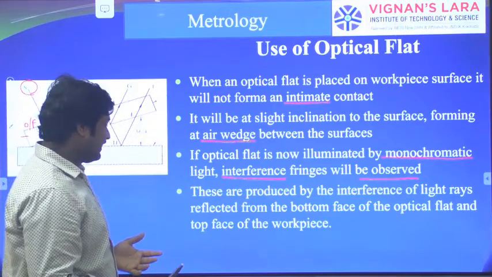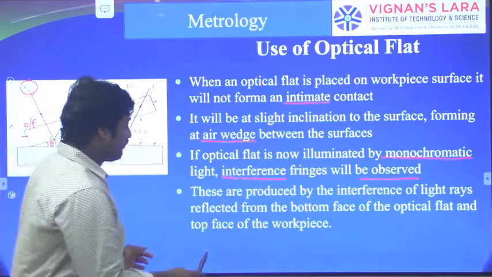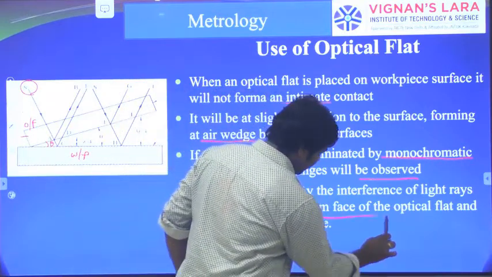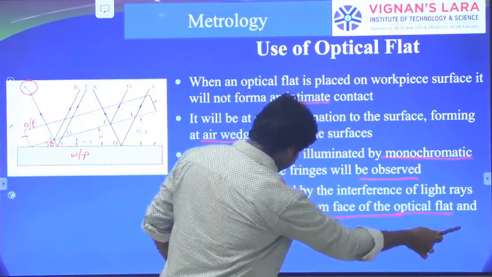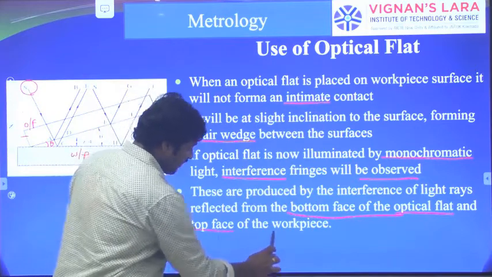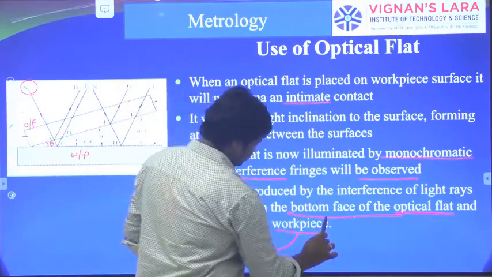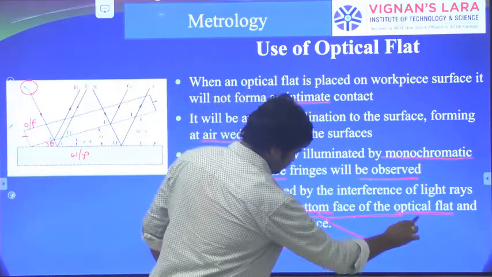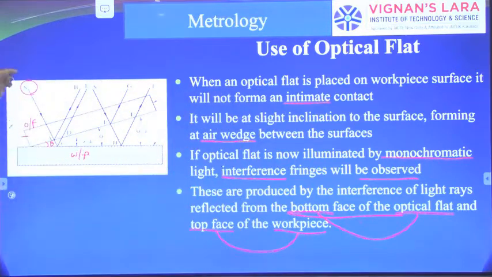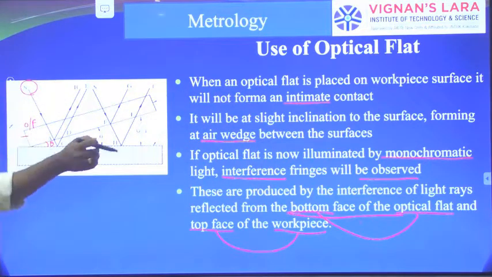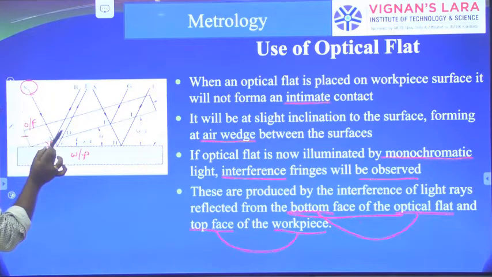the interference of light rays reflected from the bottom face of the optical flat and the top face of the workpiece. So here the light ray is reflected by two means, that is, the bottom surface of the optical flat and the top surface of the workpiece.